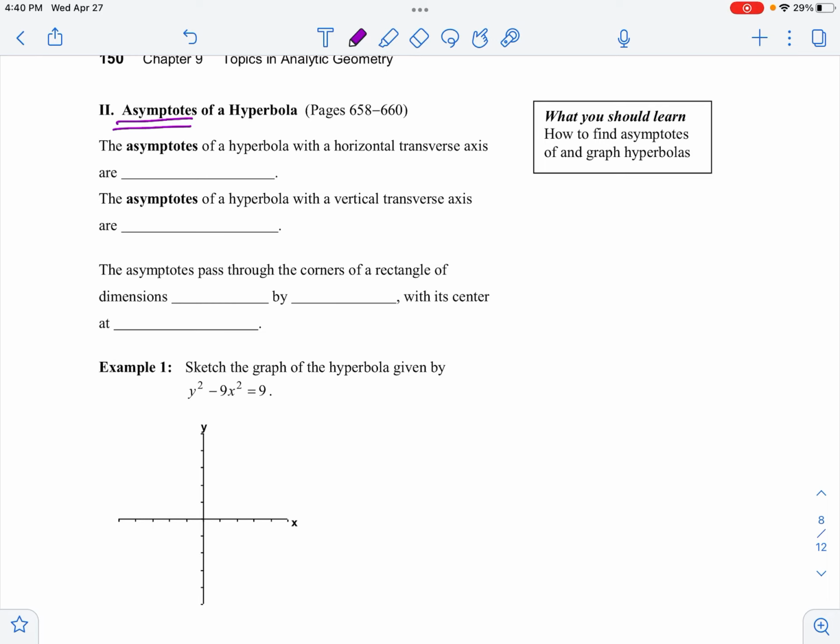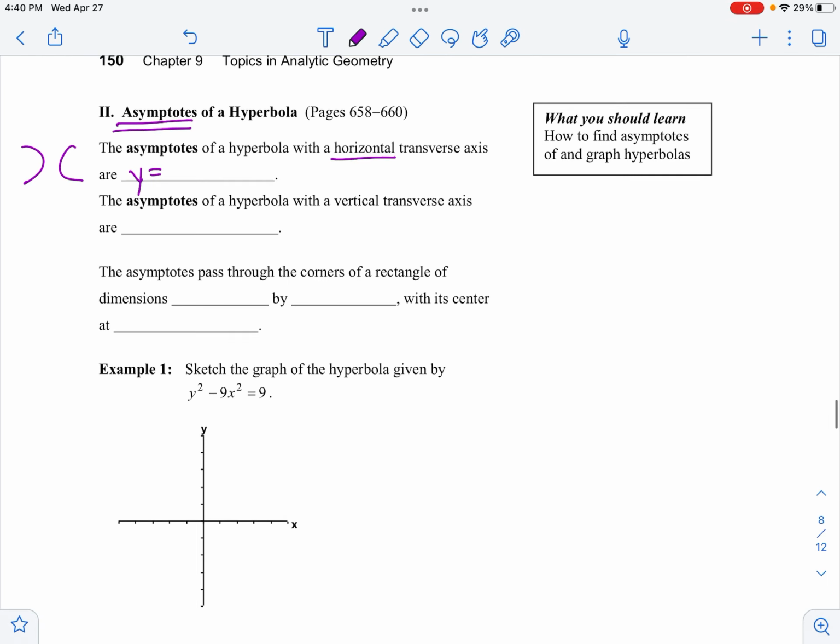So the asymptotes of a hyperbola with a horizontal transverse axis are y equals, and there are two asymptotes, so it's k plus or minus b divided by a times x minus h. And the asymptotes of a hyperbola with a vertical transverse axis look like y equals k plus or minus a over b times x minus h. So the subtle difference is right here, whether it's a over b or b over a.